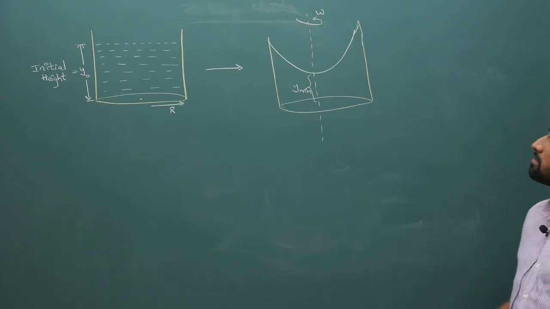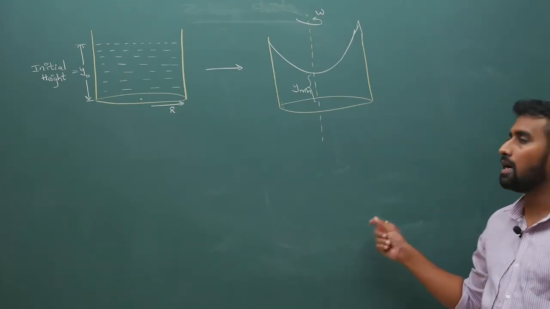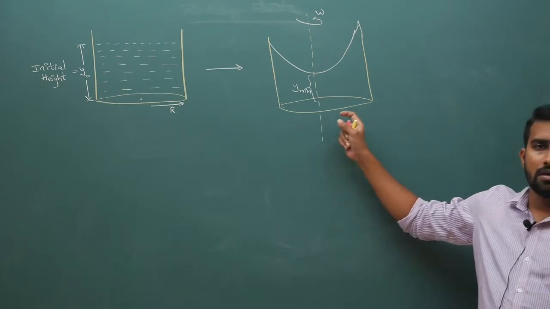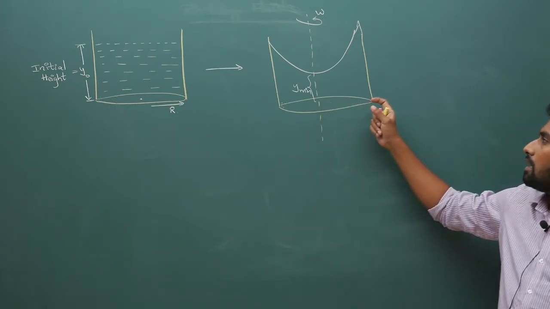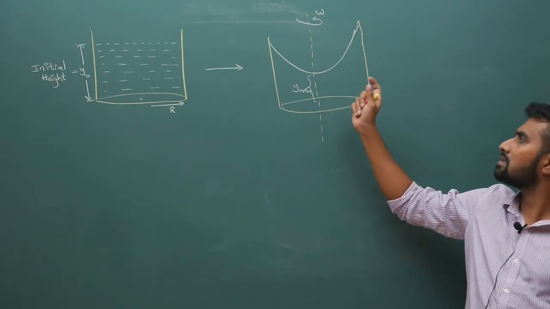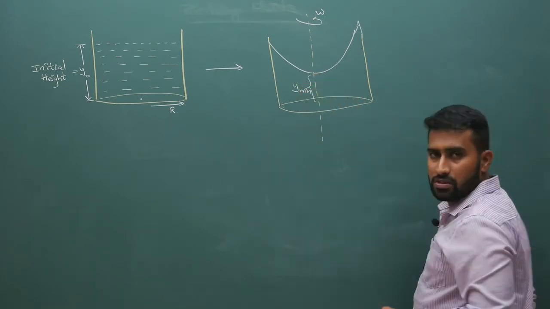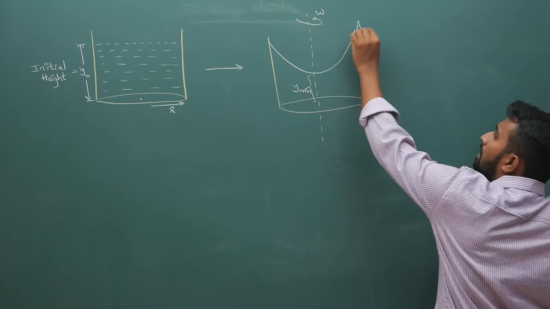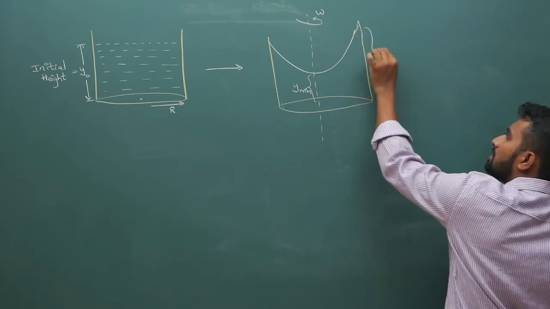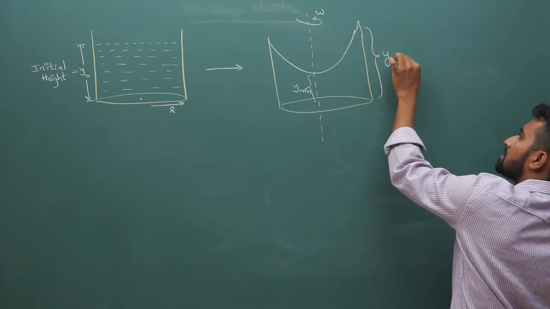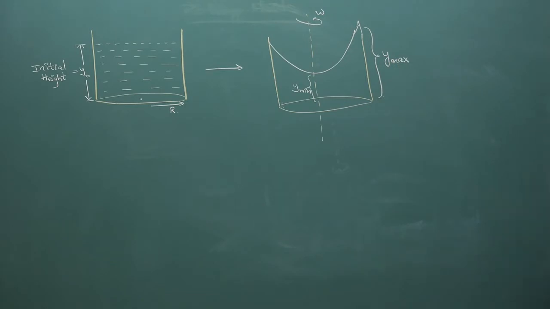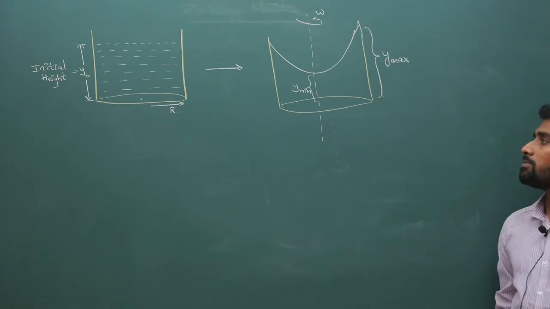Because of the rotation of the liquid, particles, because of the angular velocity and inertial properties, will take the shape like this. I will elaborate with force and all, don't worry. And this part is your y max, that is your maximum height.